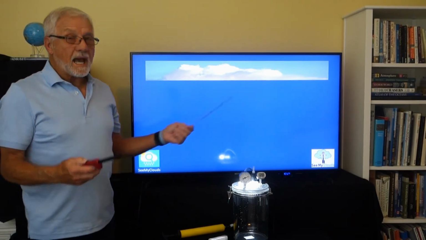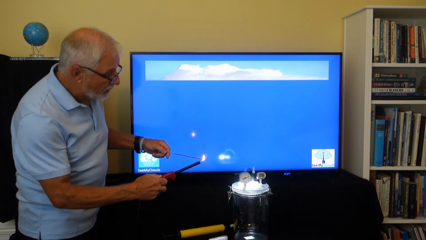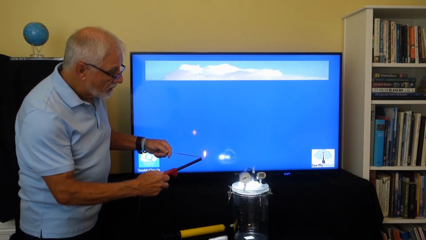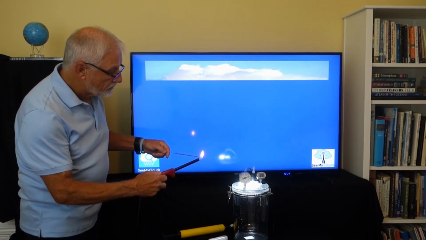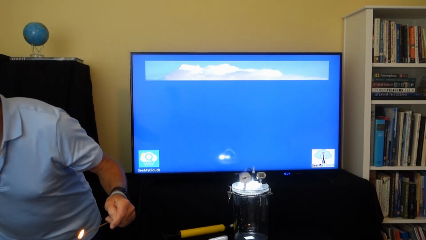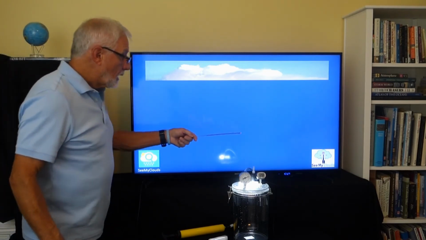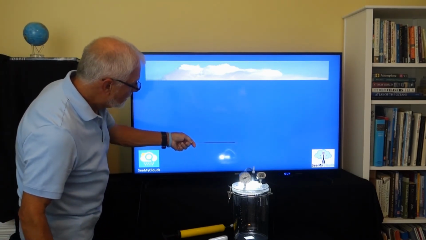So I'm going to try to simulate that by adding some smoke here. I have a little incense stick here, which I'm going to use as a smoke source. We have that. Okay. And you can maybe see the smoke here.